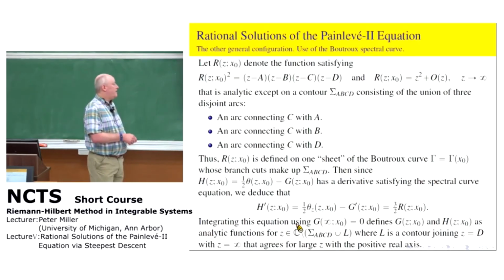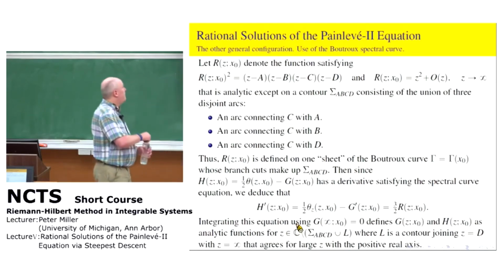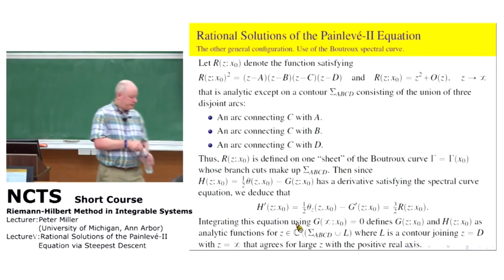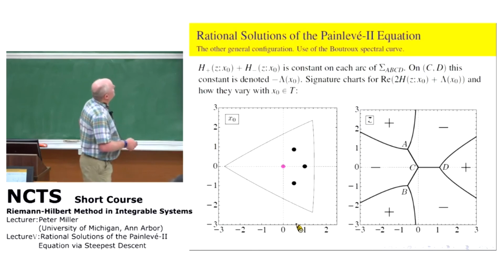They are analytic for z in the complex plane, taking away this sigma ABCD contour, the branch cuts, and also this logarithmic contour that joins D to infinity and agrees with the positive real line for large z. All right.